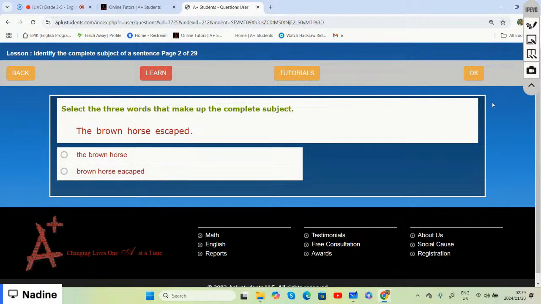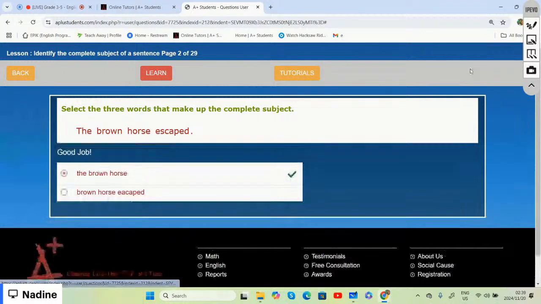And if we were to choose the correct subject, then our correct subject would be option one, the brown horse. Well done. Option one is correct.